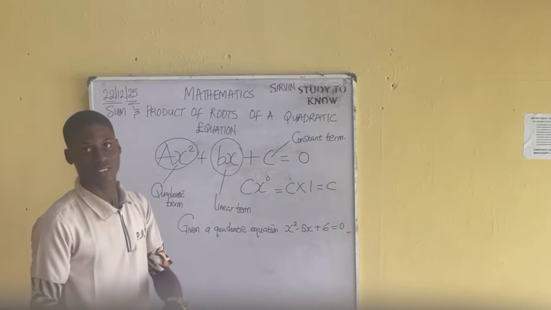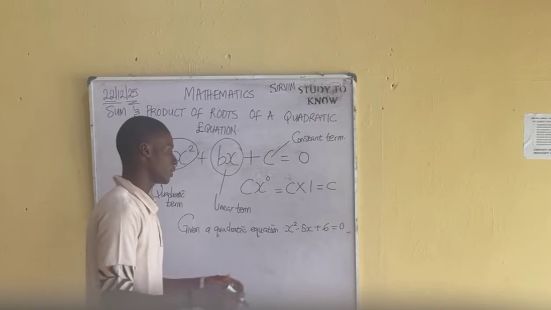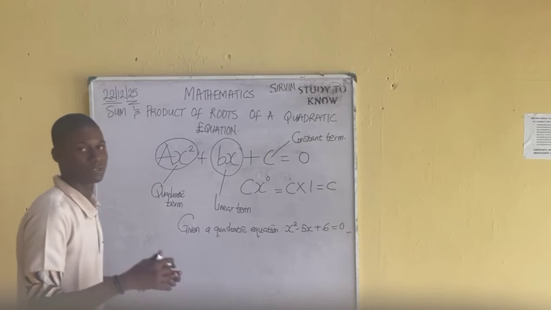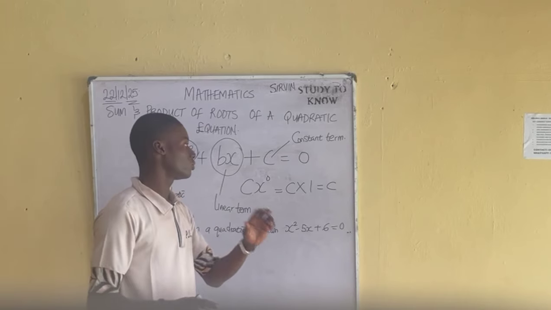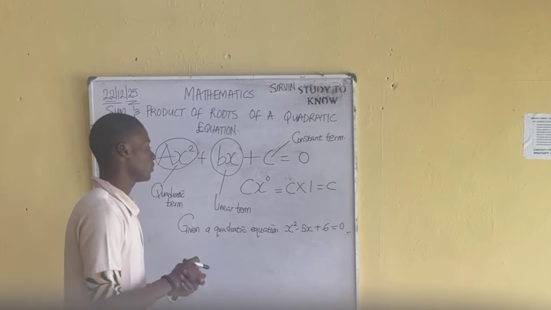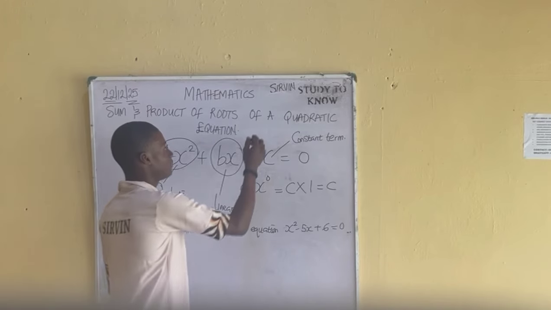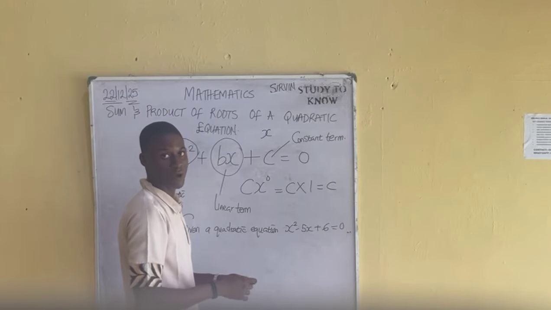Now, what is a coefficient? A coefficient is simply a number attached to the variable. You understand? It can be 1, 2, 3, 4, and so on. But if a variable is on its own, it automatically has a coefficient of 1. If you have x, automatically it has a coefficient of what? 1.